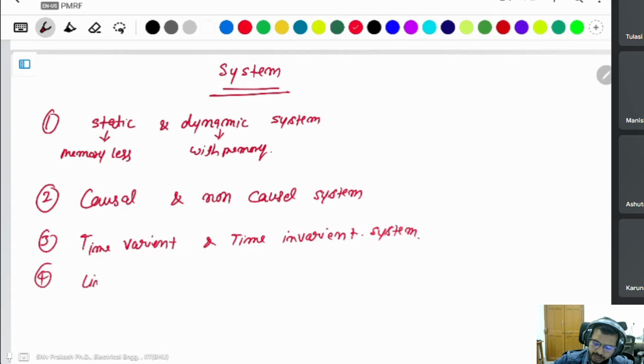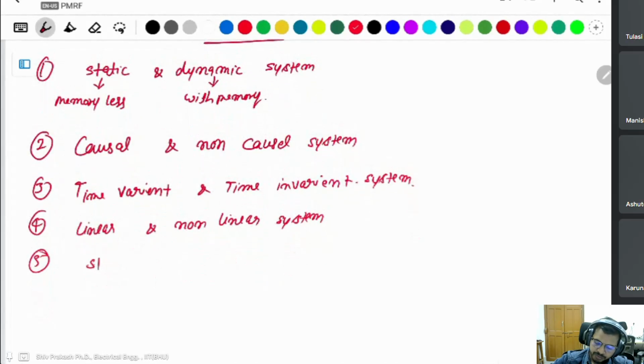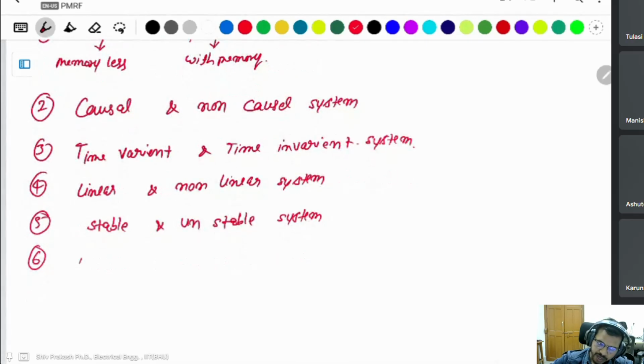Fourth one, linear and non-linear system. Fifth one, stable and unstable system. Sixth one, invertible and non-invertible system.